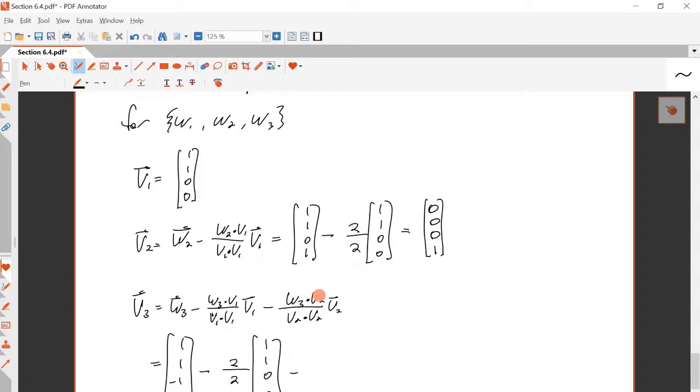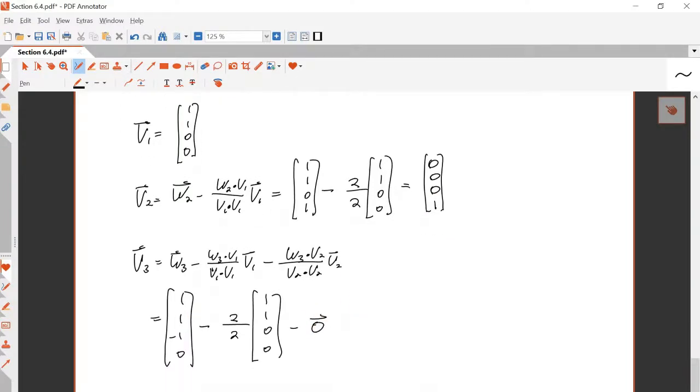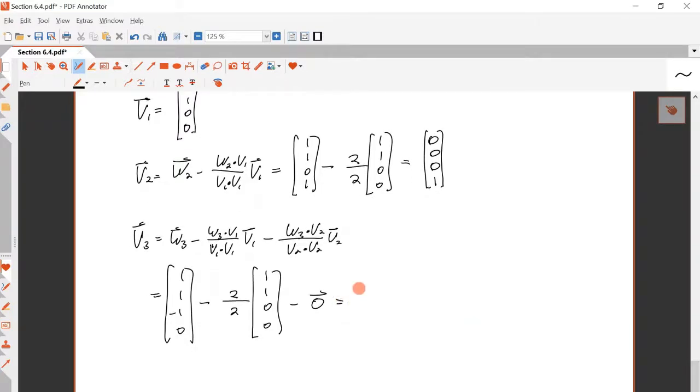Minus W3 dot V2: here's W3, here's V2, the dot product is 0. So we just get 0, 0, minus 1, 0.